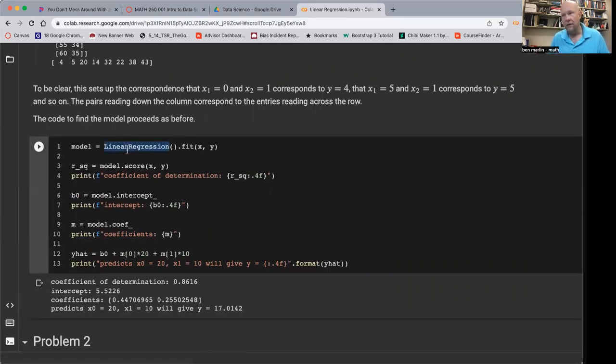Like before, we do the linear regression, and we have to tell it to fit things for the x and the y. And the x needs to be taller than it is wide, and the y needs to be just wide without any height. But the score is this r² variable again, and the intercept is going to be the intercept like before, but the coefficients may have multiple entries here for them.